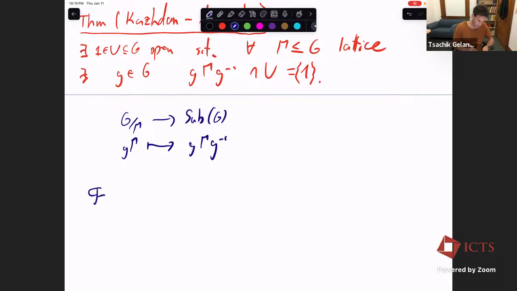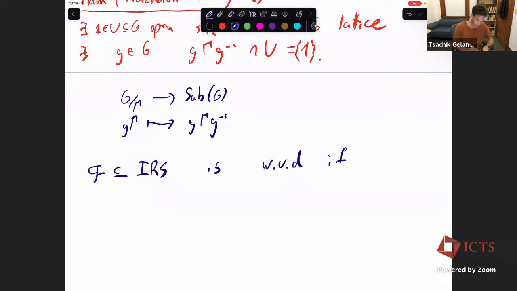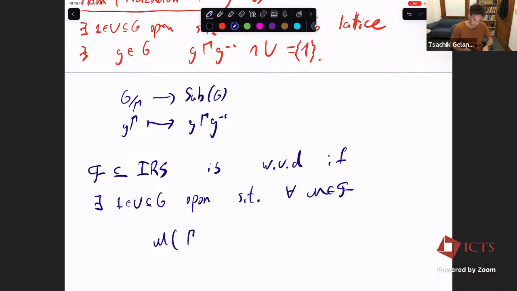Let F be a family of IRSs. It is weakly uniformly discrete if there is such a U, an identity neighborhood in G, such that for any mu in F, for any IRS, the probability that a subgroup intersects U trivially is at least half.